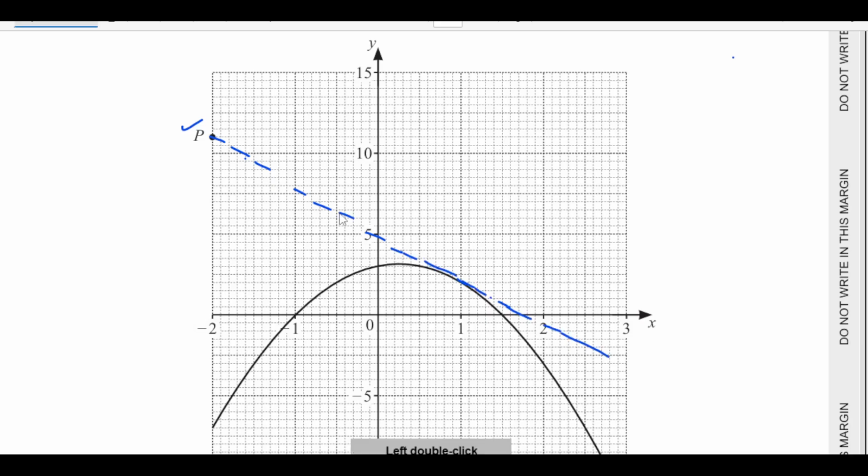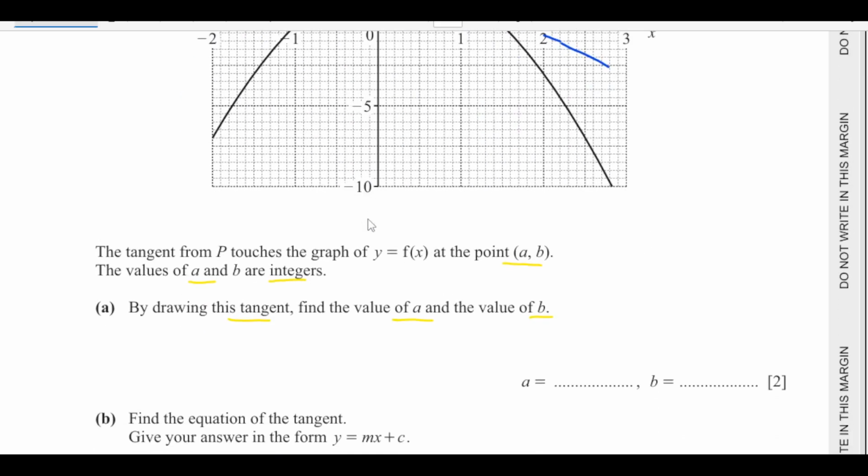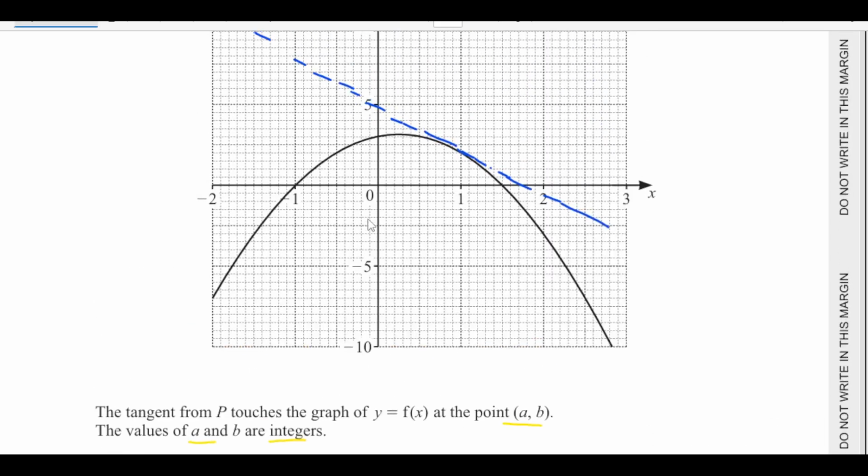It's like this. Use your ruler to draw this line carefully. So, this is the tangent from point P that touches the graph at a certain point, right. The tangent from P touches the graph at point (a, b).